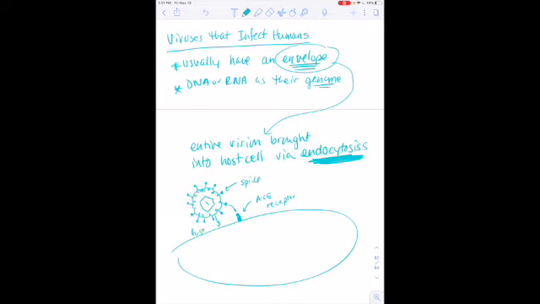It'll bind to the cell through the ACE2 receptors, and it will fuse with the cell membrane and be brought in in its entirety, like that. So the uncoating, the removal of the envelope and the capsid, occurs inside the cell. So big difference there. Oh, I didn't draw a nucleus and all this other stuff.